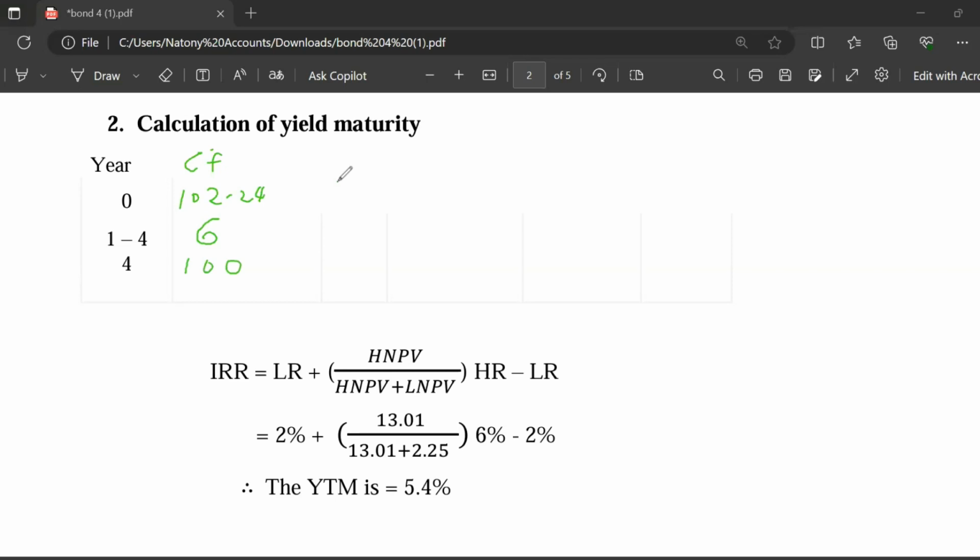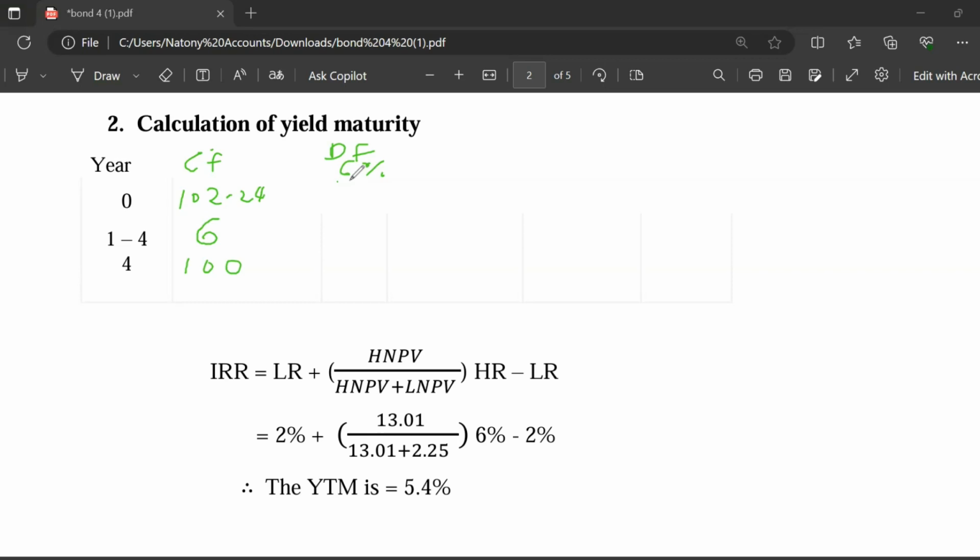Let's pick the first rate and see what that will give us. Basically, the coupon is 6%. The way I solve my question most of the time, I start with that coupon rate of 6%. So my first discount factor, I'll be using 6% to discount the cash flow first.